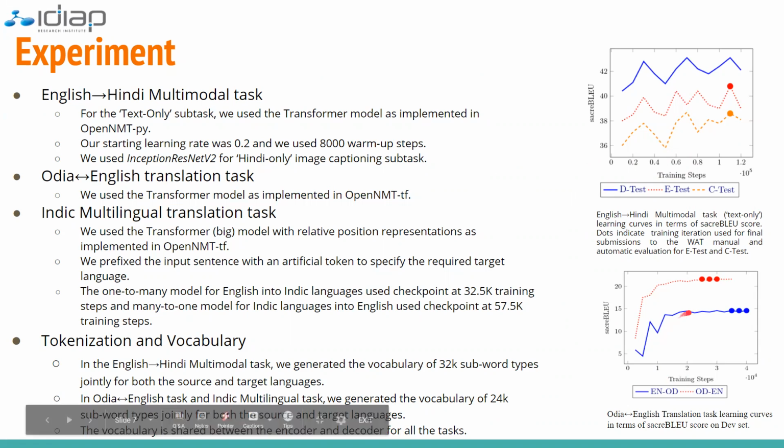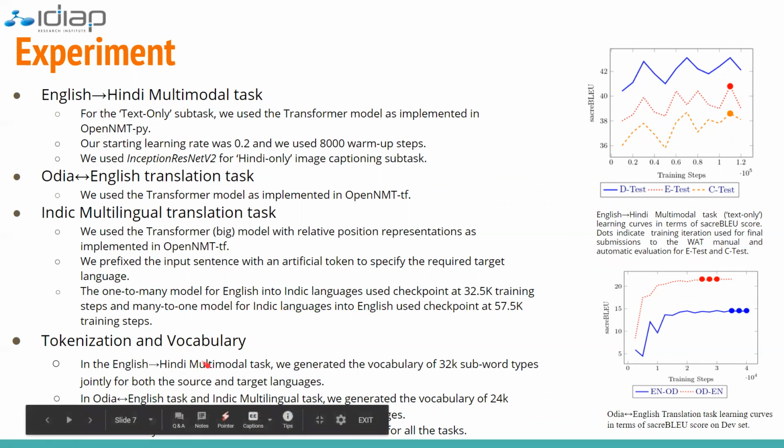And this is the learning curve for English Odia and Odia English on the dev set. For the Indic multilingual task, we used the transformer big model as implemented in OpenNMT-tf. Here we prefix the input sentence with artificial tokens to specify the required target language, and we used one-to-many and many-to-one models.